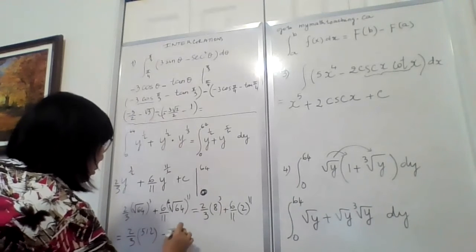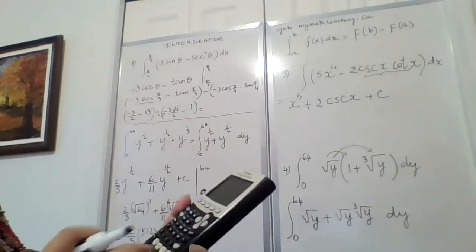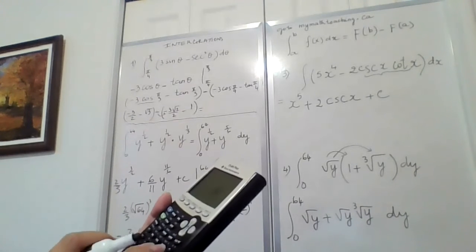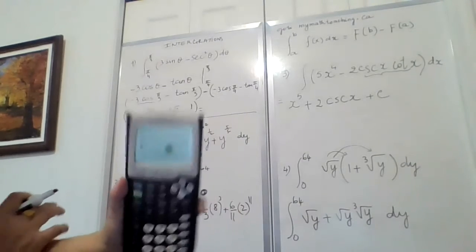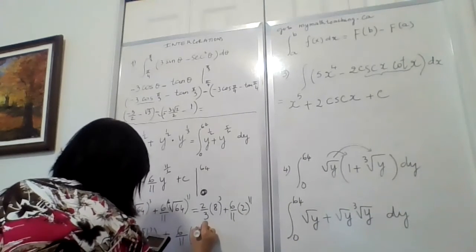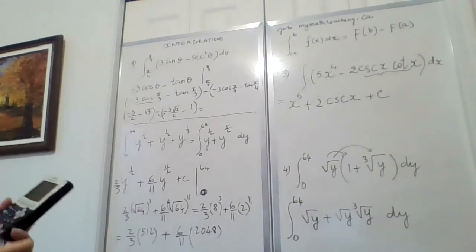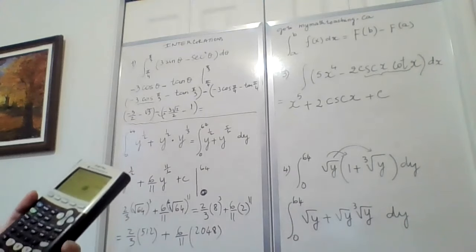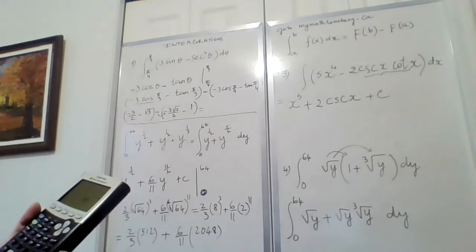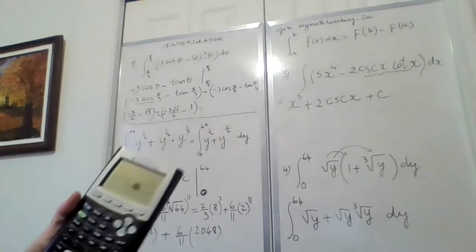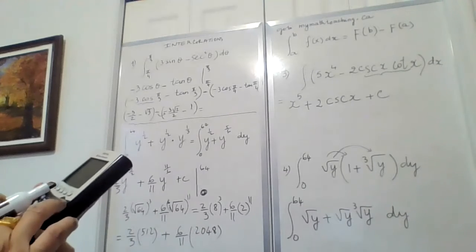Now go to the next one. It will be 6/11 times with 2 to the power 11. Again, it's a big number. 2 to the power 11 is 2048. Now first, I'm going to try to divide by 11, I don't think I can divide by 11, but let's see. What do we get? Okay, in this case, maybe we have to, okay, let's multiply and see.